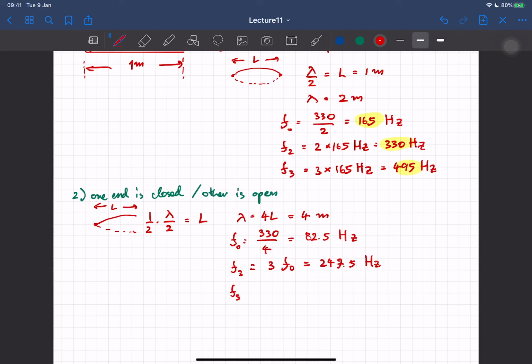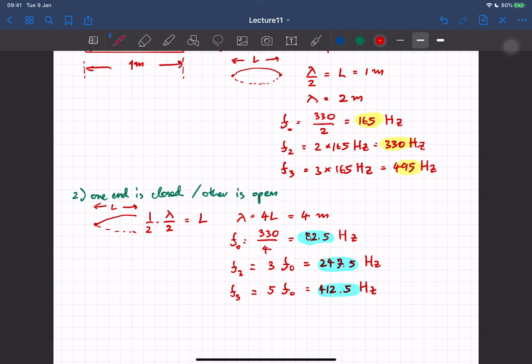And the next one, again, we skip all the even harmonics, so it's not 4 times, it's gonna be 5 times because it's the 5th harmonic. So that's gonna be 412.5 hertz.